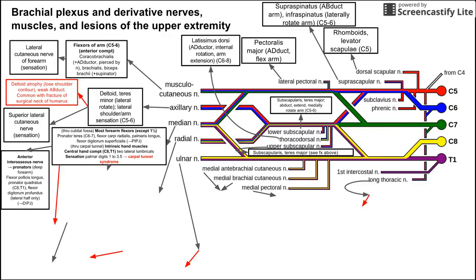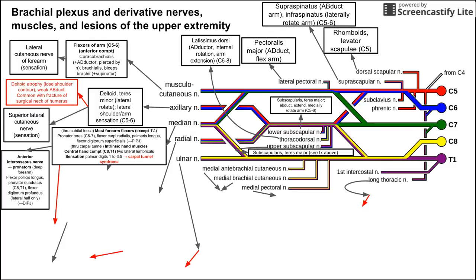The anterior interosseous nerve, which is a branch of the median nerve, is responsible for the lateral half of the flexor digitorum profundus. The medial half of the FDP is innervated by the ulnar nerve, and we'll go over that in a second with the ulnar nerve as well.